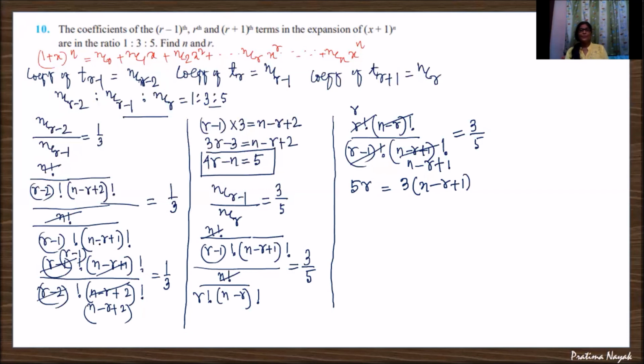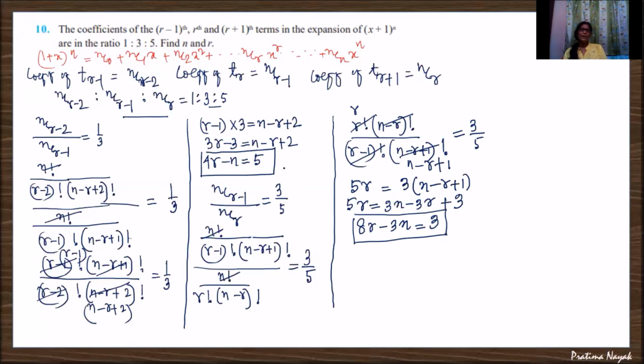Simplify now. So 5r is equal to 3n-3r+3. So 8r-3n = 3. This is second equation. Now we'll solve.